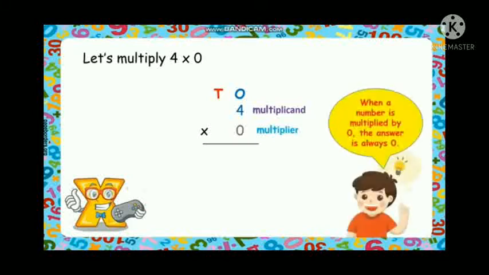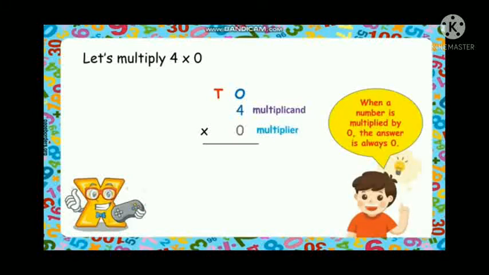Okay, now the next example, let us multiply 4 multiply 0, that is in horizontal form. We will arrange them vertically, TO. So in the ones column we will write 4 multiply 0. We know the properties of 0, because the multiplicand is 4 and the multiplier is 0.